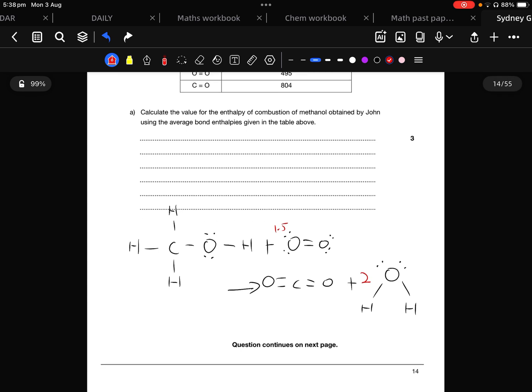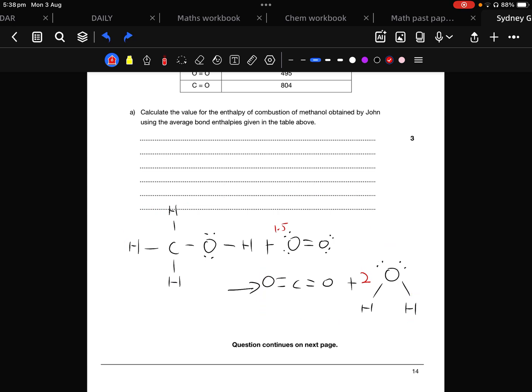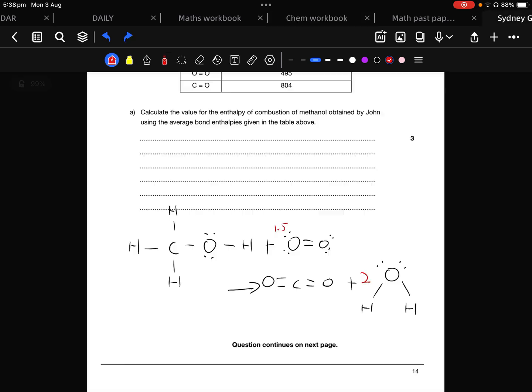So we can see here, these reactants must break their bonds in order to form new bonds with their products. So first we must calculate the enthalpy of bonds broken.